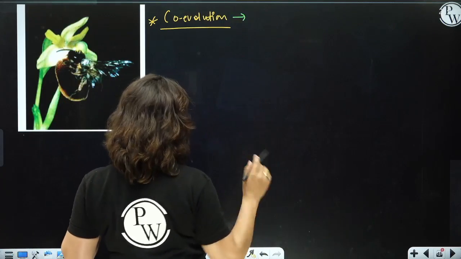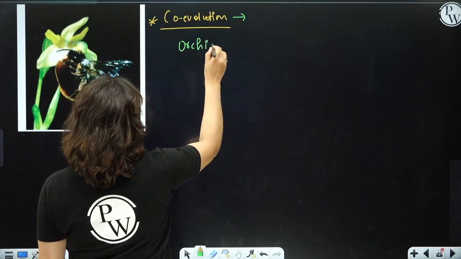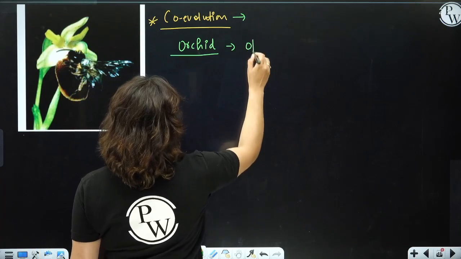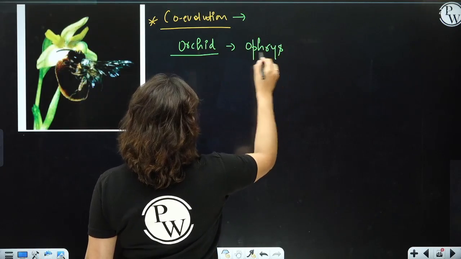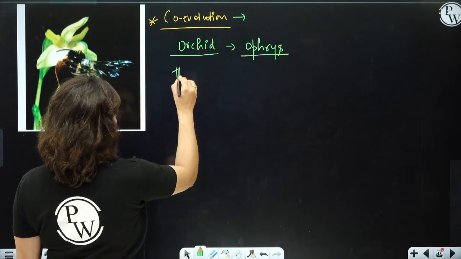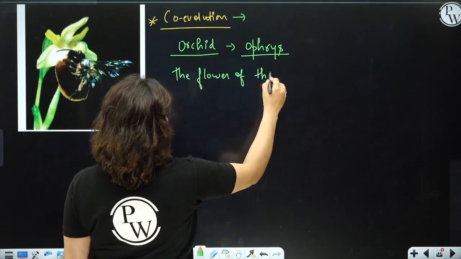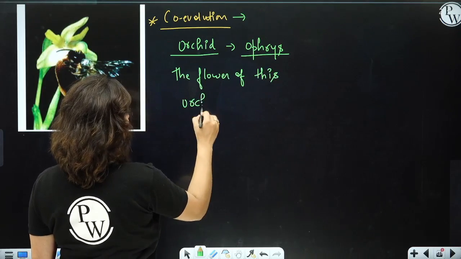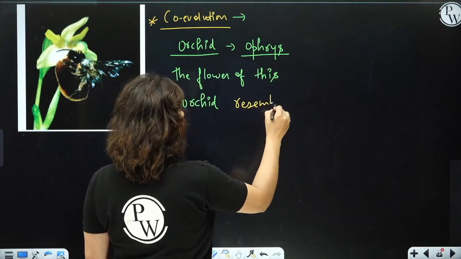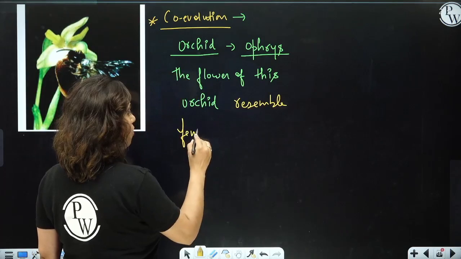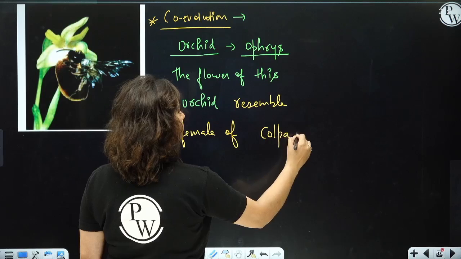So how is it an example of co-evolution? There is an orchid whose name is Ophrys. The flower of this orchid resembles the female of the Colpa insect.